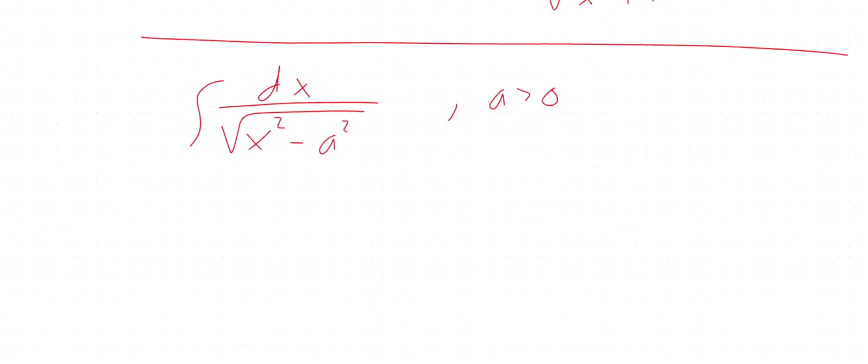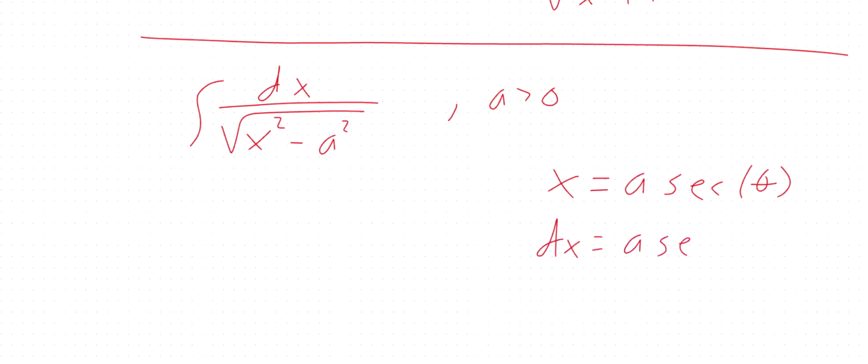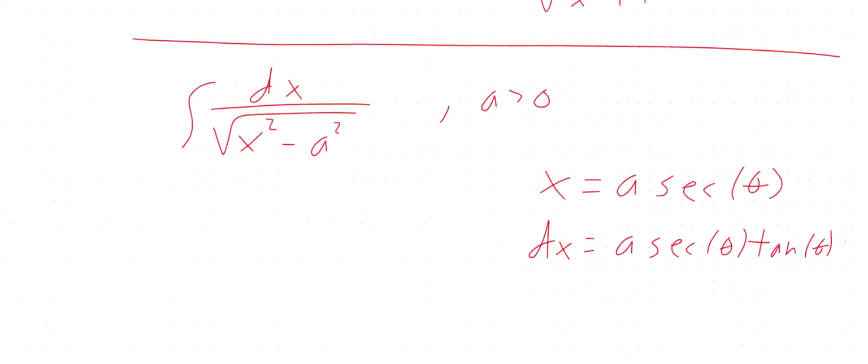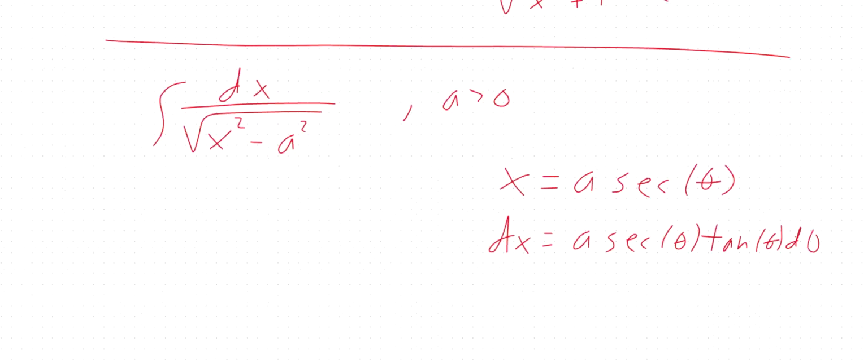So we know that we want our x to equal a secant. Oh, not squared, just secant. So then we do our derivative. Theta in there. All right, so doing our substitution.